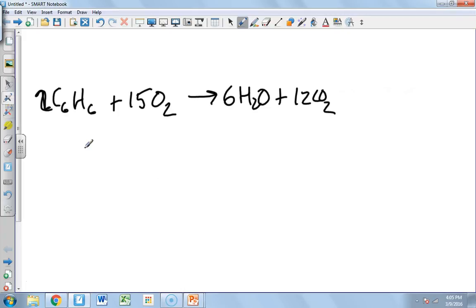So now, in order to calculate this, we're going to do products minus the reactants. So the delta H of combustion is going to equal all the products. So it's 6 moles, I'm going to put that in square brackets.